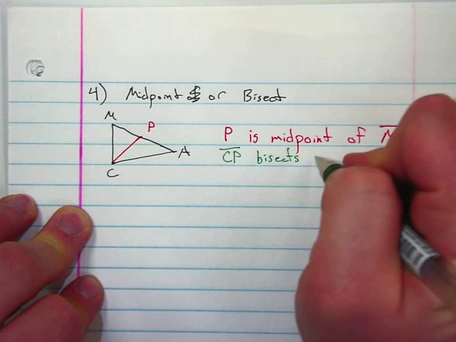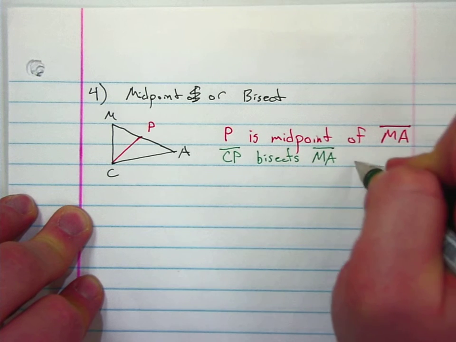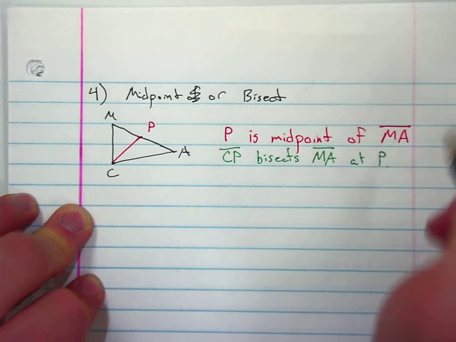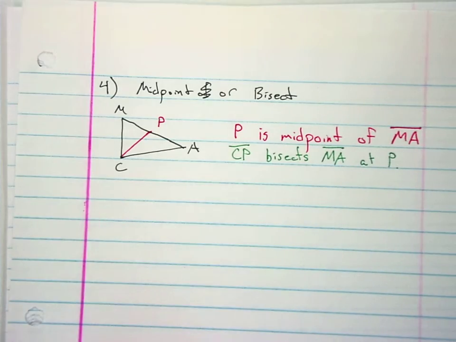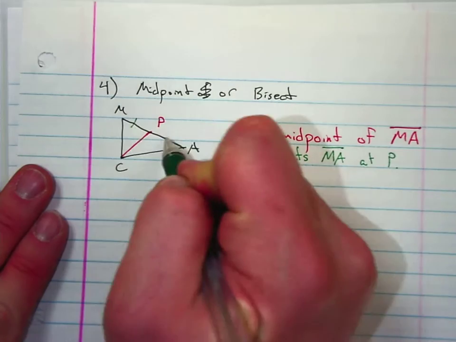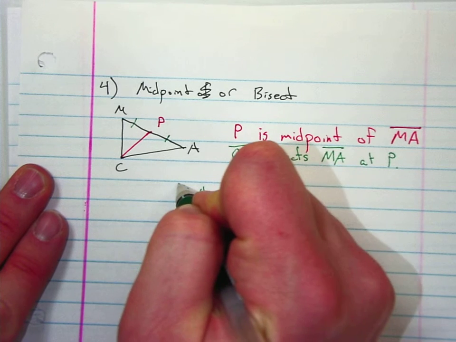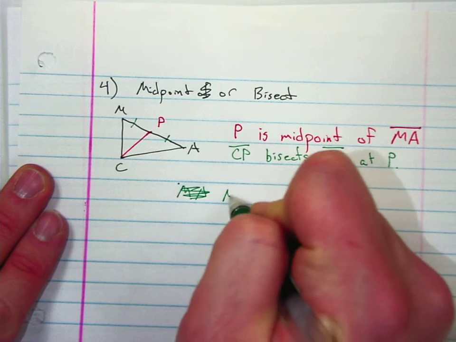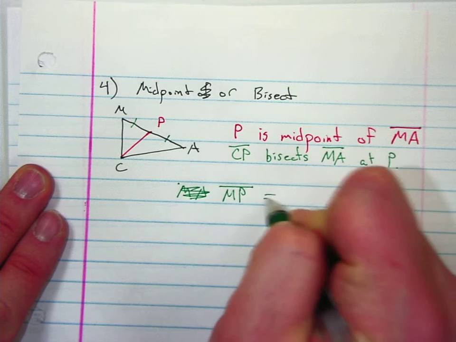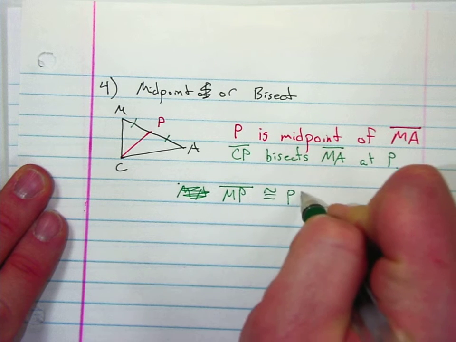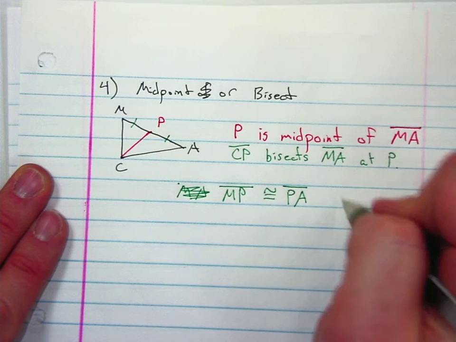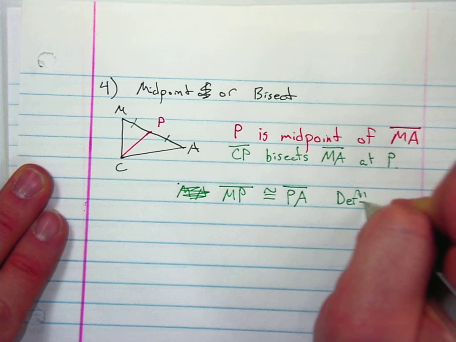MA at P. In both cases, you are allowed to say that MP is congruent to PA. So definition of midpoint.